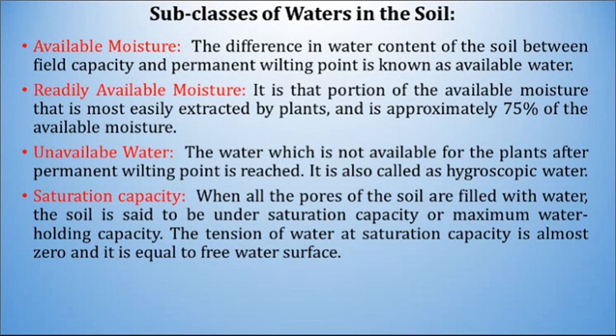Second is readily available moisture. It is that portion of the available moisture that is most easily extracted by plants and is approximately 75% of the available moisture. Unavailable water is the water which is not available for the plants after permanent wilting point is reached. It is also called hygroscopic water.